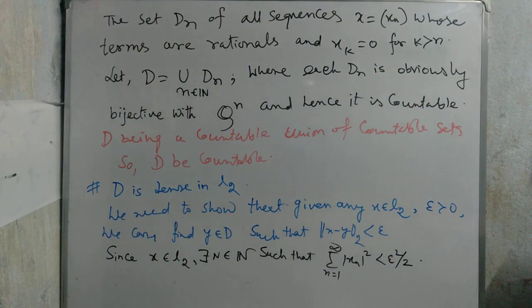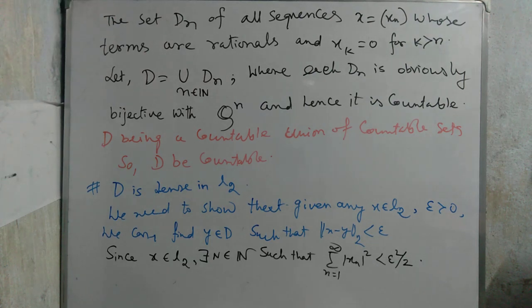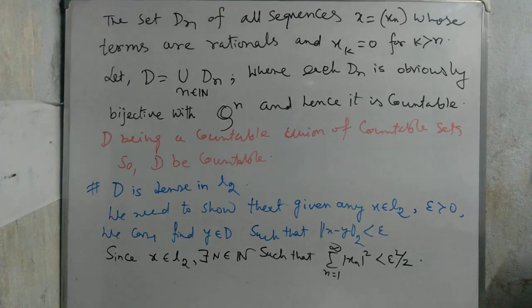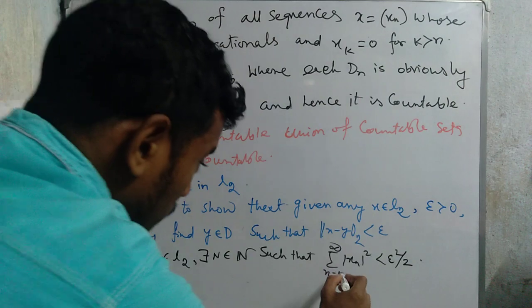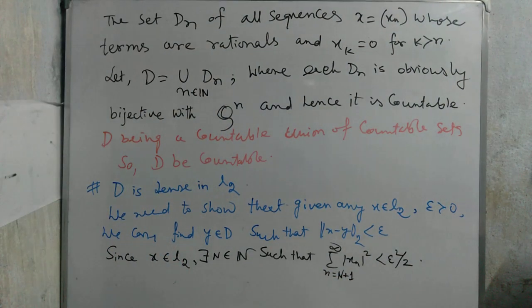Since x belongs to L2, the sum of the squares of the modulus of each term is finite, so the tail after n plus 1 to infinity is small.